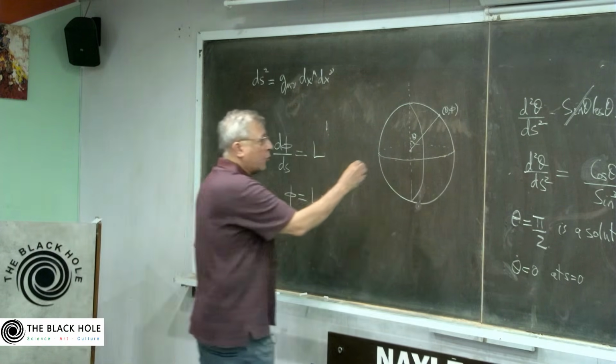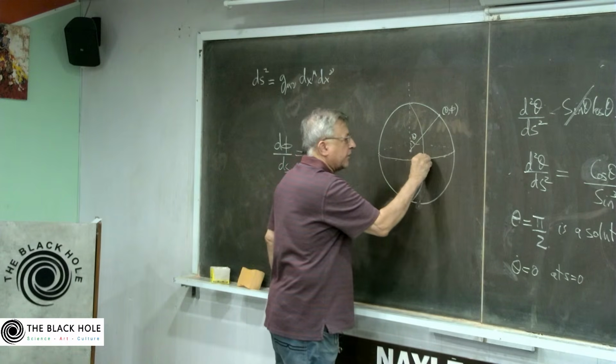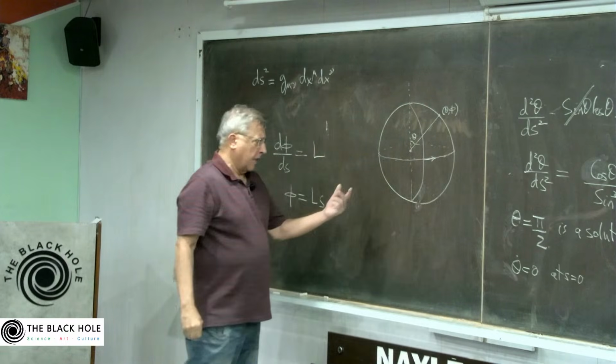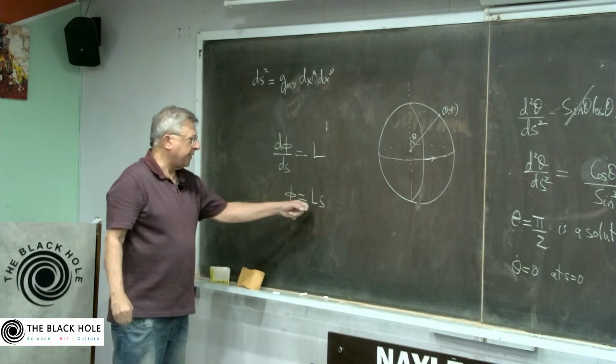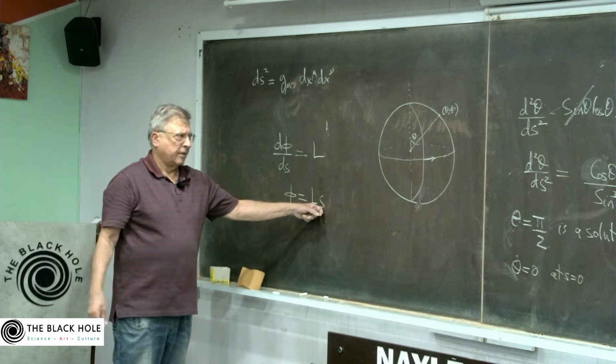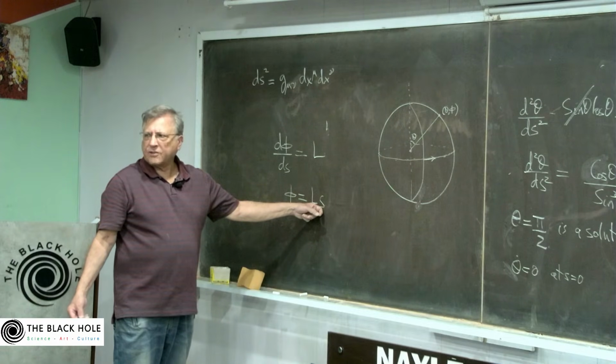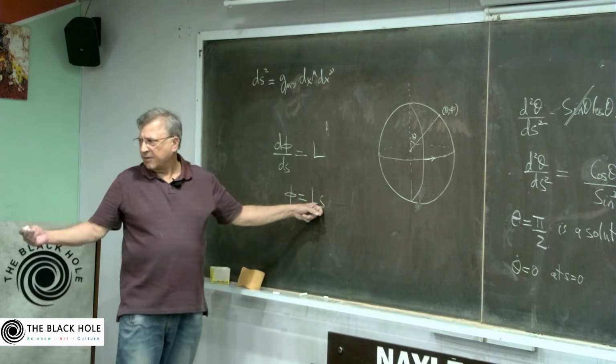So as you go around, this much is s, then phi will be L times s. And how much is the actual distance?